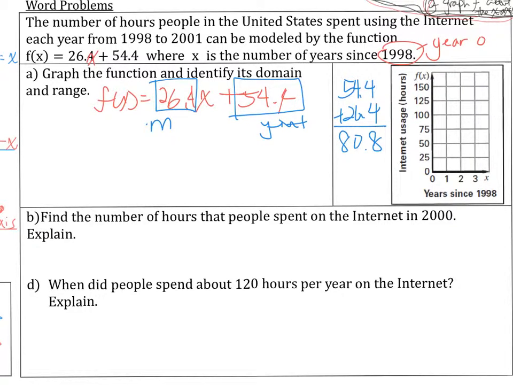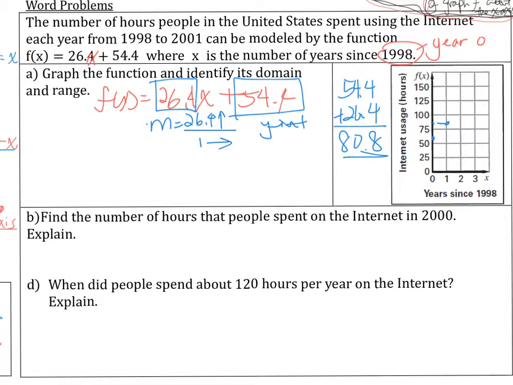So the vertical shift will be 26.4 units up and 1 unit to the right. So let's see, 54.4 is about right here, and after shifting 26.4 up, we get about 80.8. That's about here. I'm going to shift that 1 unit to the right.